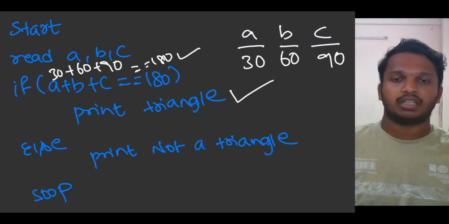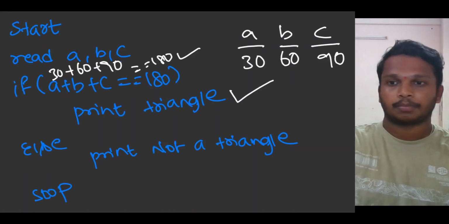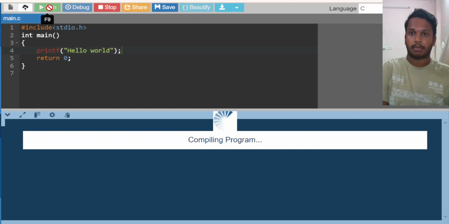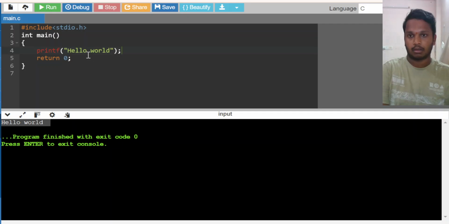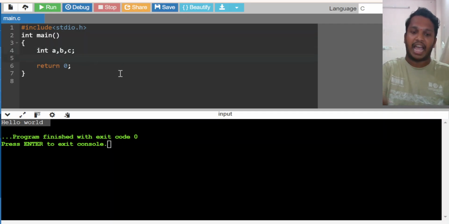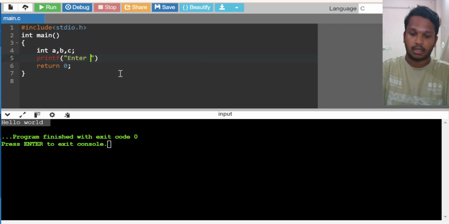Now I will execute this using C language, a C program I will write. I am using the online GDB compiler, so it is working fine. Now, first of all, what do we need to do? We need to declare three variables, A, B, C. Then I need to ask the user to enter the angle, right? So using printf, enter the angle.